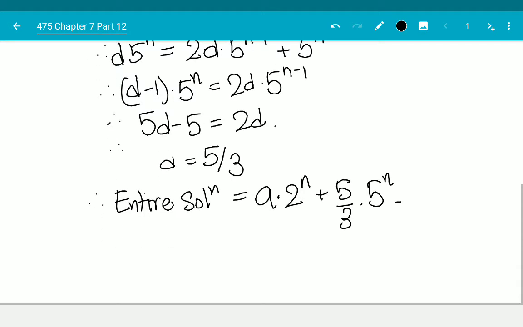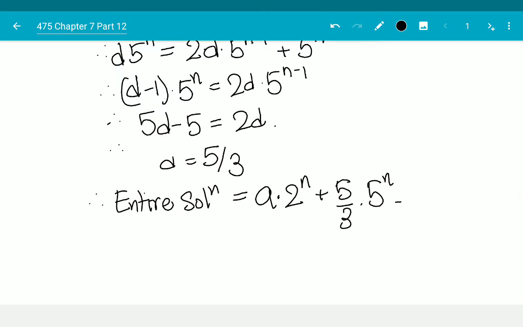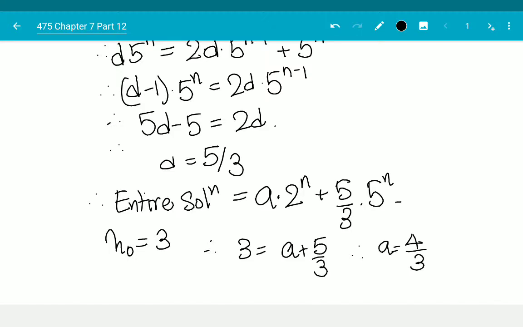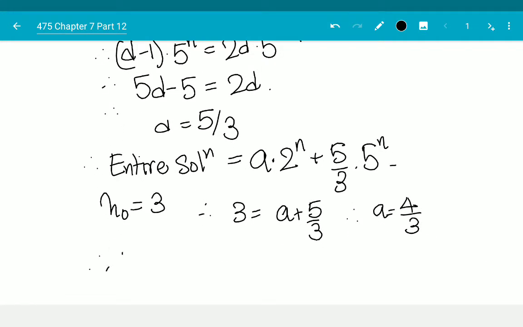Now I have to solve for the initial value h of 0 is equal to 3. Putting n is equal to 0, I get 3 is equal to a plus 5 over 3. Therefore, a is equal to 4 over 3. And therefore, my solution, h of n is equal to 4 over 3 times 2 to the n plus 5 over 3 times 5 to the n.